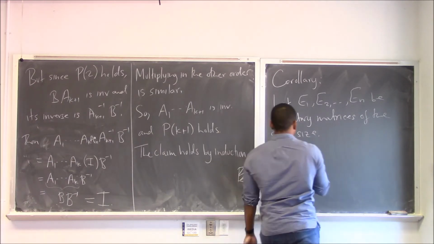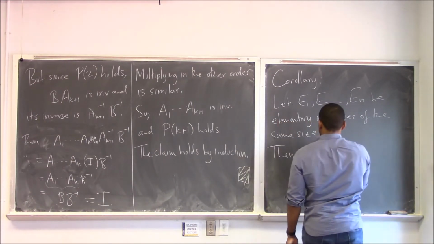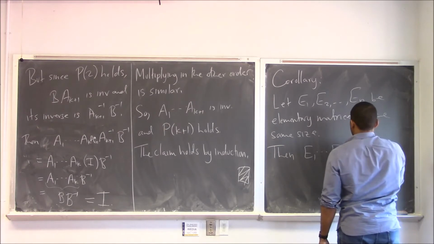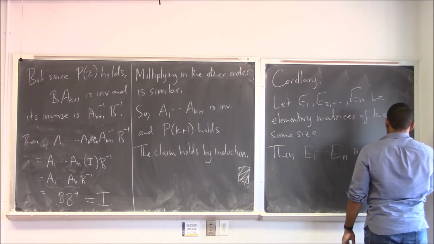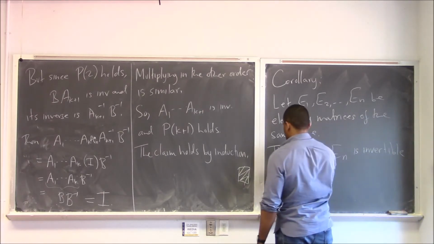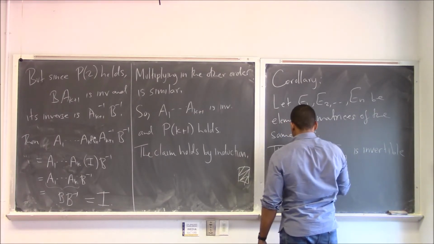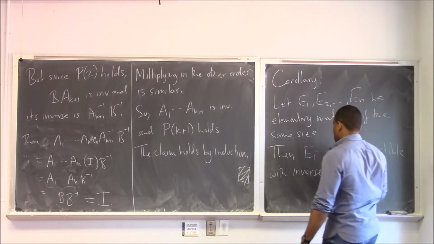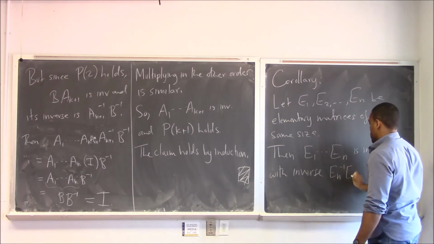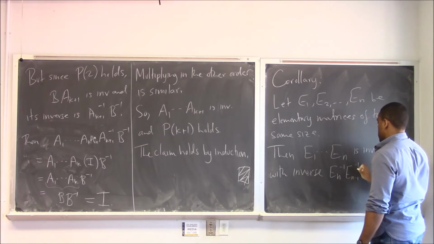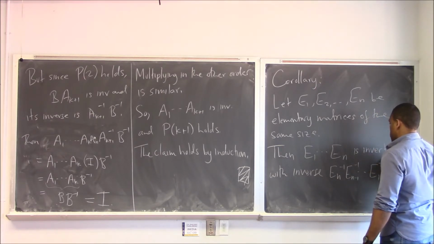Then their product is invertible, and we know what the inverse is: E_n inverse, E_{n-1} inverse, all the way down to E_1 inverse.